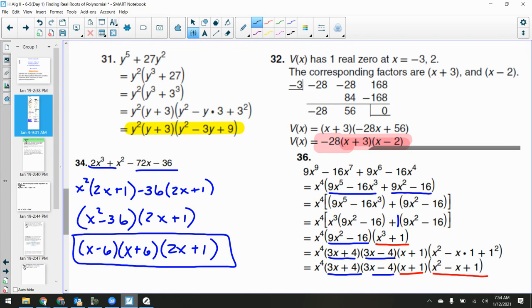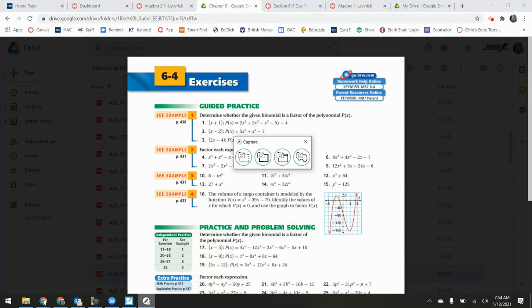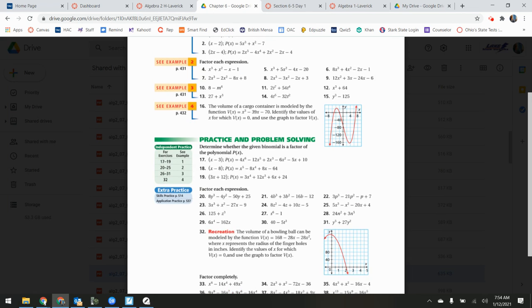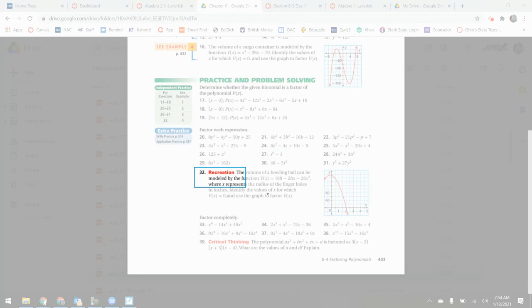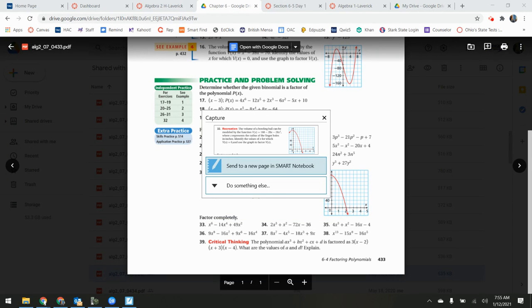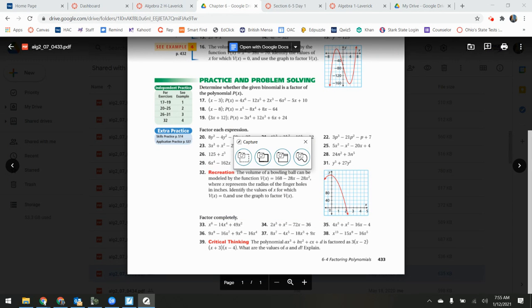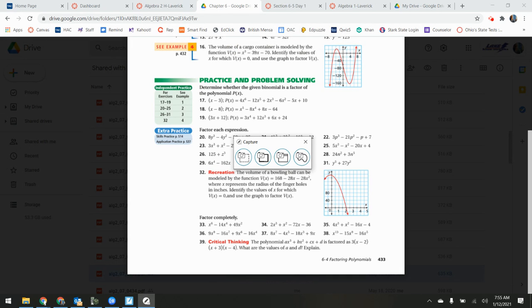Well, come on, I want to screen capture thing. What problem is that again? 32? Okay. Whenever you take a screen capture, it shows like a picture sound. That's really weird, I know.